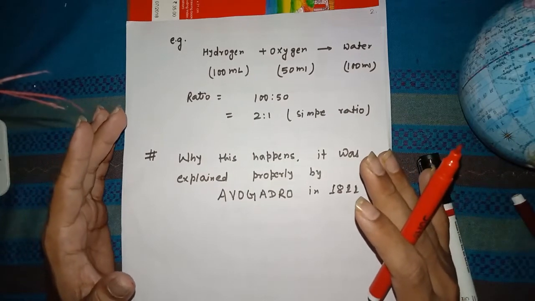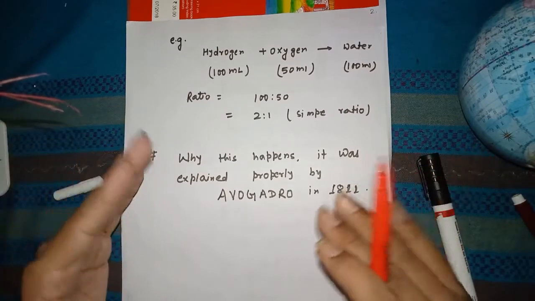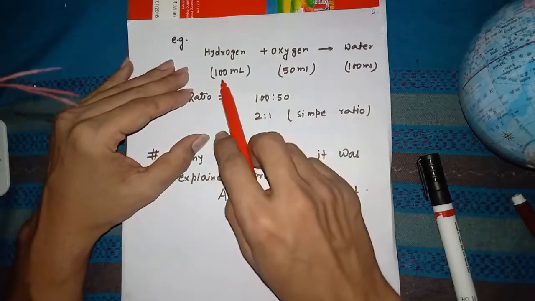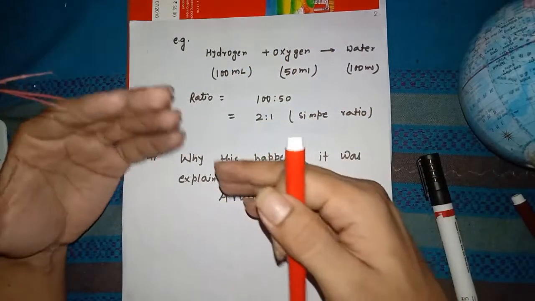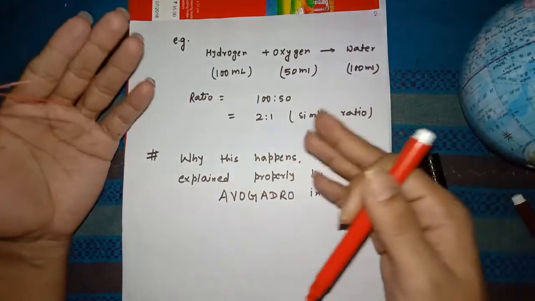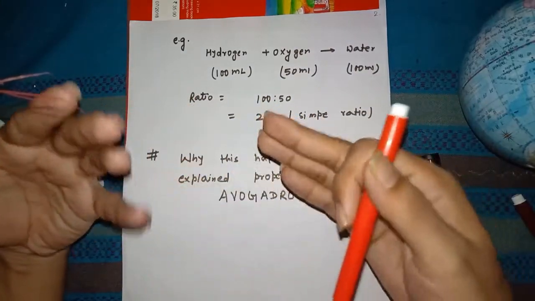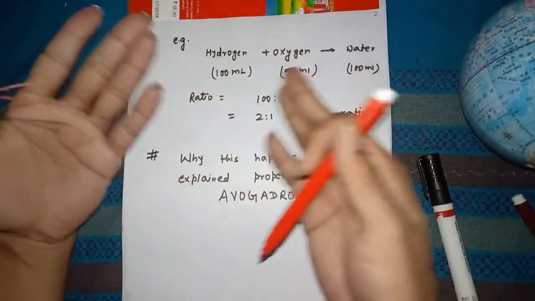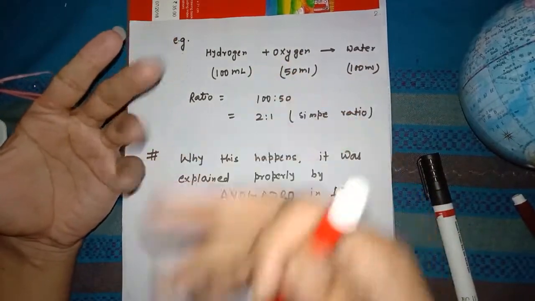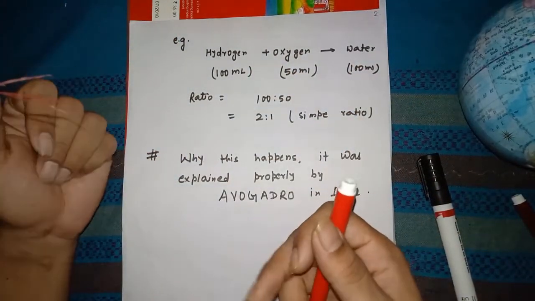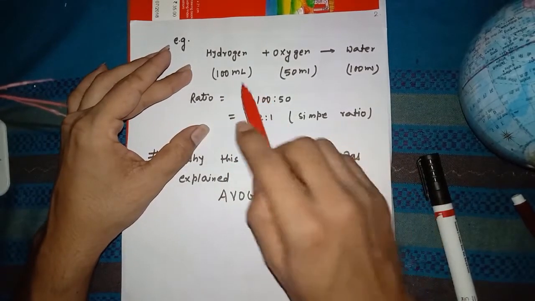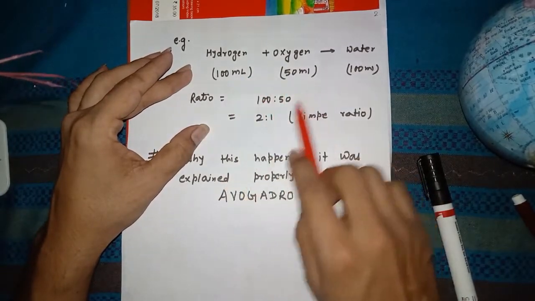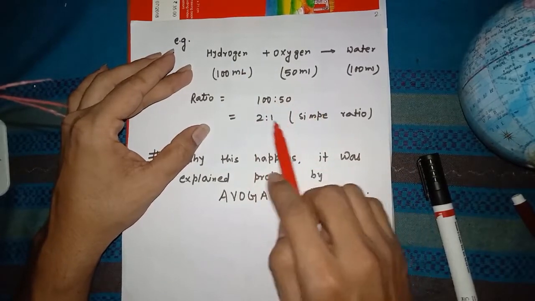It is the law of nature. So in this way, if you take the ratio of hydrogen and oxygen without knowing the balancing of the equation, and just estimate the volumes of these species by experimental methods in your laboratory, you will find that the ratio becomes a whole number ratio. Here 100 ml to 50 ml becomes 2:1. Simple.